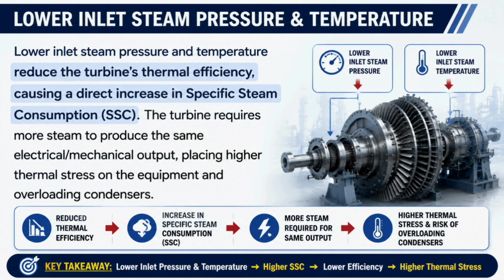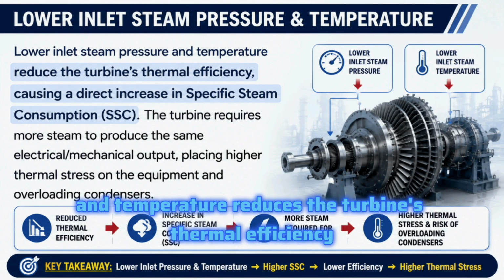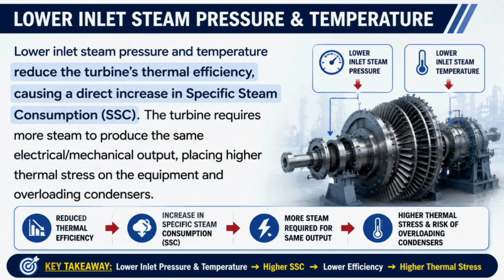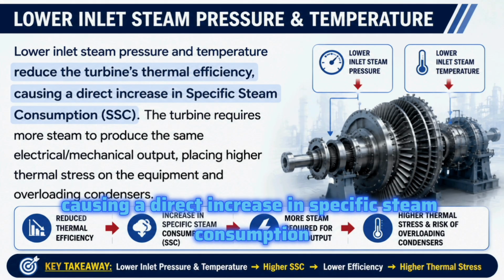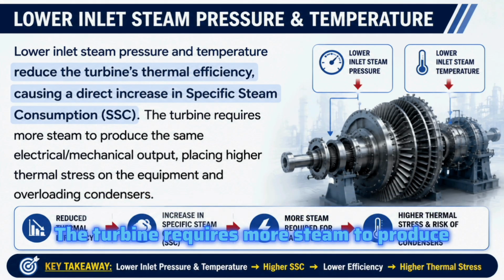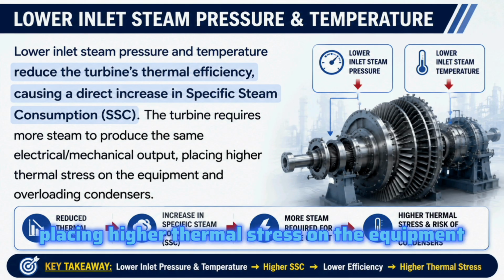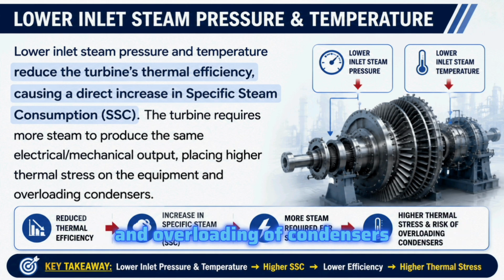So, from this explanation and the calculations, we are clear that lower inlet steam pressure and temperature reduce the turbine's thermal efficiency, causing a direct increase in specific steam consumption. The turbine requires more steam to produce the same electrical or mechanical output, placing higher thermal stress on the equipment and overloading of condensers.